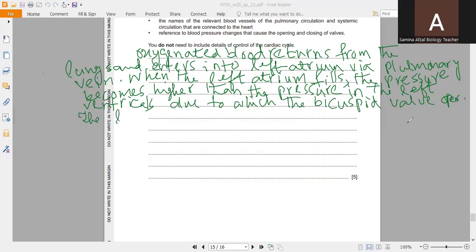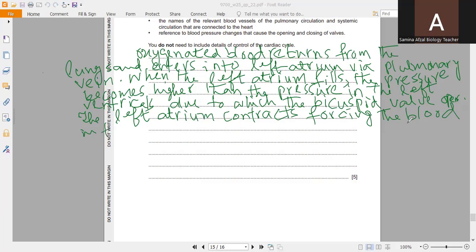The left atrium contracts, forcing the blood into the left ventricle.